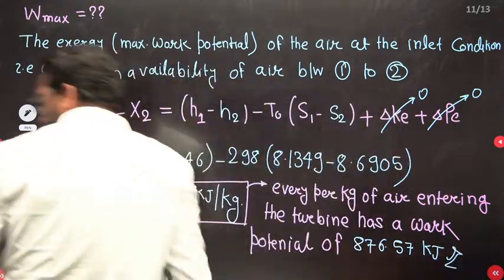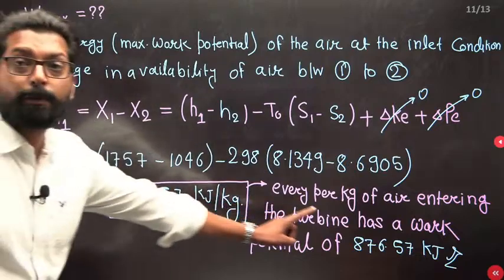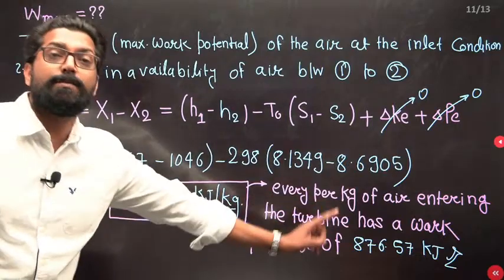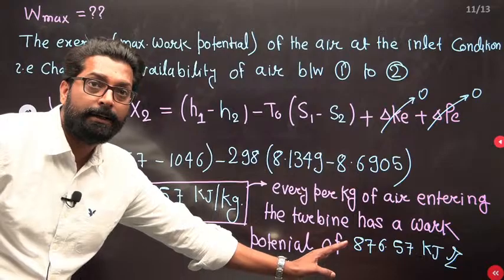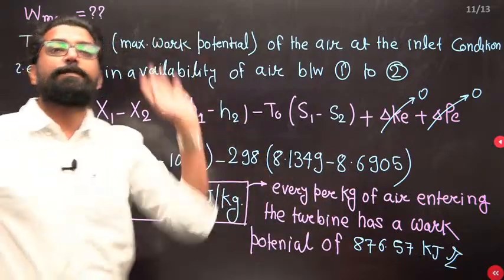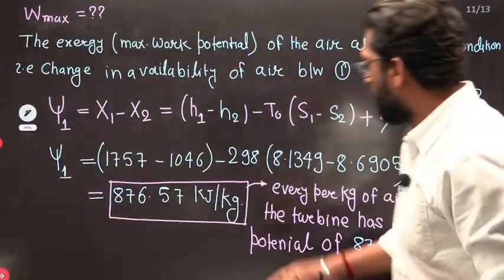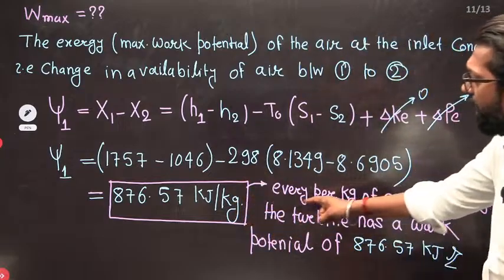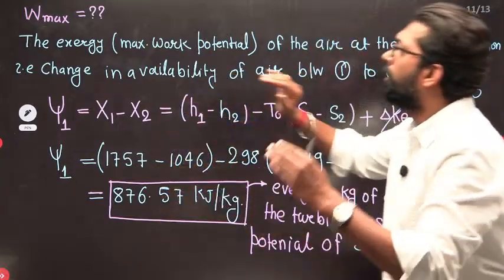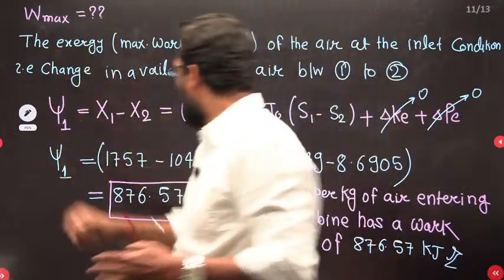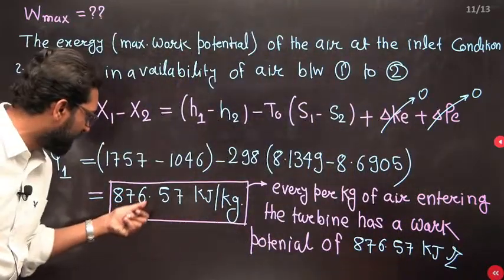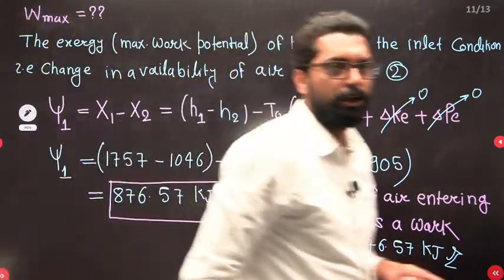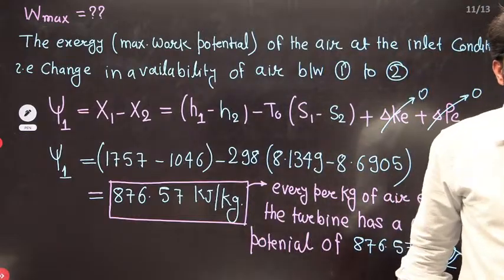Clear? That much of a work potential, that much of a maximum work you have to find for 1 kg of the expansion of the air. That means if you expand 1 kg of air, the turbine is able to deliver the maximum work of 876.57 kilojoule. Clear?